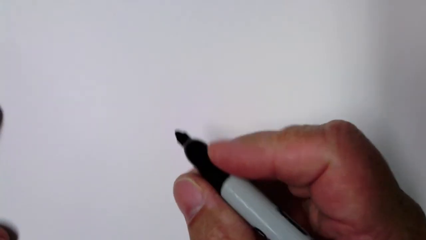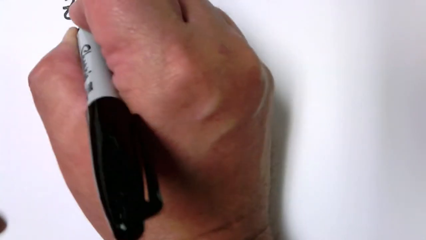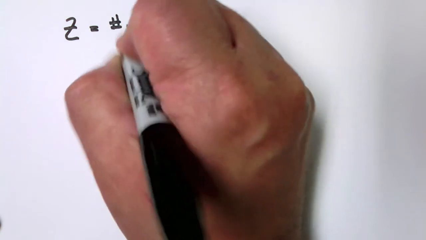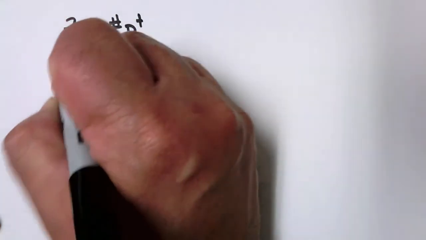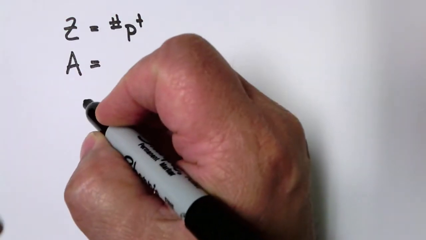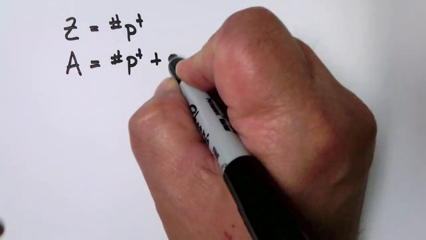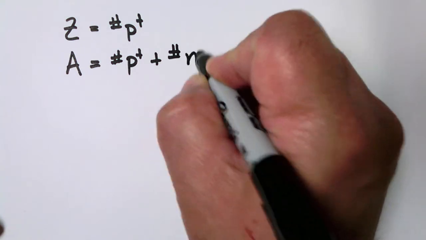Well, there's a couple of easy formulas that you can keep in mind, and really if you understand the concepts very well, the formulas will just occur to you. So Z, the atomic number, is equal to the number of protons, and A, the mass number, is equal to the number of protons plus the number of neutrons.